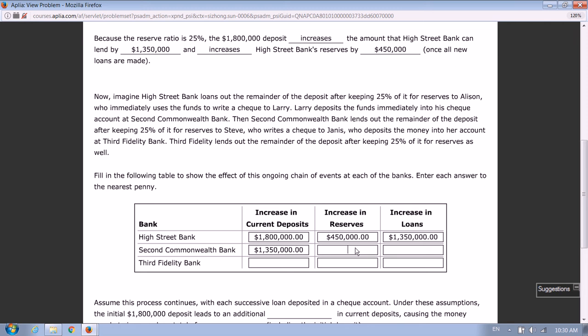Then Second Commonwealth Bank reserves 25% of this, which is 337,500. And the rest is the loan. So it's 1.01 million, just slightly over 1 million.